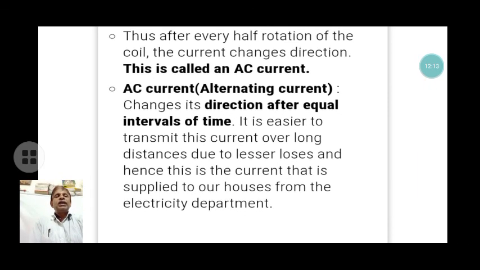Thus, after every half rotation of the coil, the current changes direction. This is called AC current. Alternating current changes its direction after equal intervals of time.